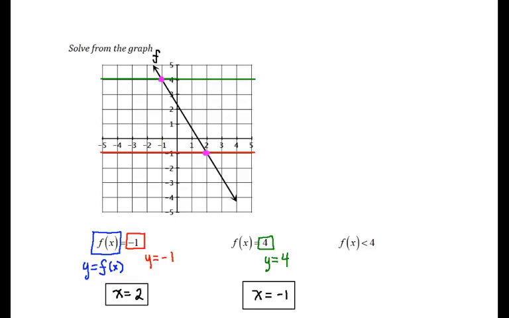Going on to the very last example, we have a less than. Again, I always want to interpret these as either the word above or the word below. Less than suggests below. So I want to highlight the portion of the graph of y equals f of x that is below the line y equals 4.